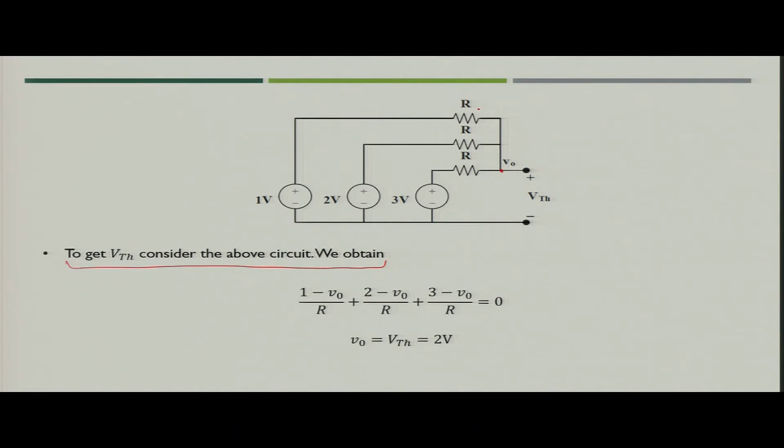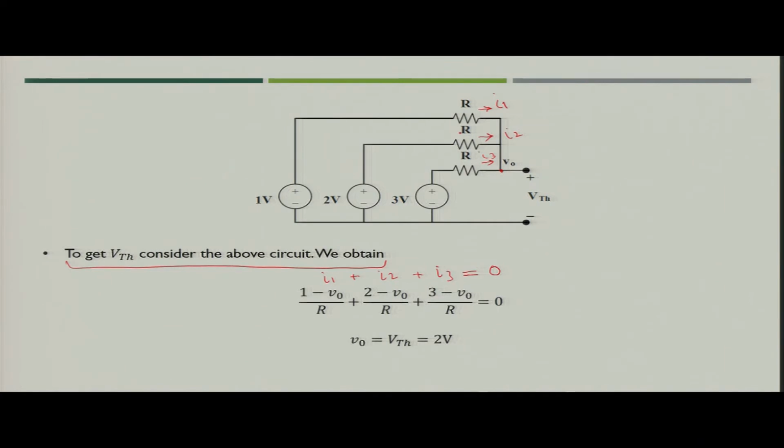Suppose you are taking all in this direction, that may be I1, I2 or I3. So, (1 minus V naught) by R is I1, plus I2 which is (2 minus V naught) by R, plus I3 which is (3 minus V naught) by R, and as per KCL, the sum of all the currents at this node would be equal to 0.